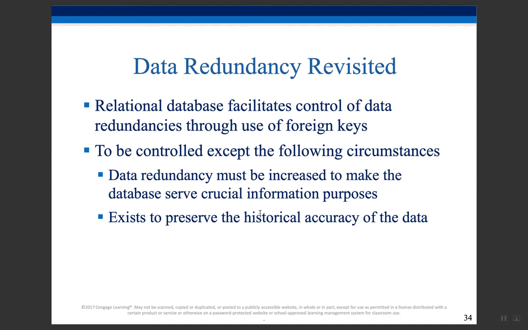So the secret of this within databases is that we can control the type of data redundancy through the use of foreign keys. All right. So the idea is, if we design the database the right way, we can ensure that we're not going to get redundant data. That's where people will complain that it takes a lot of work to build up a database.